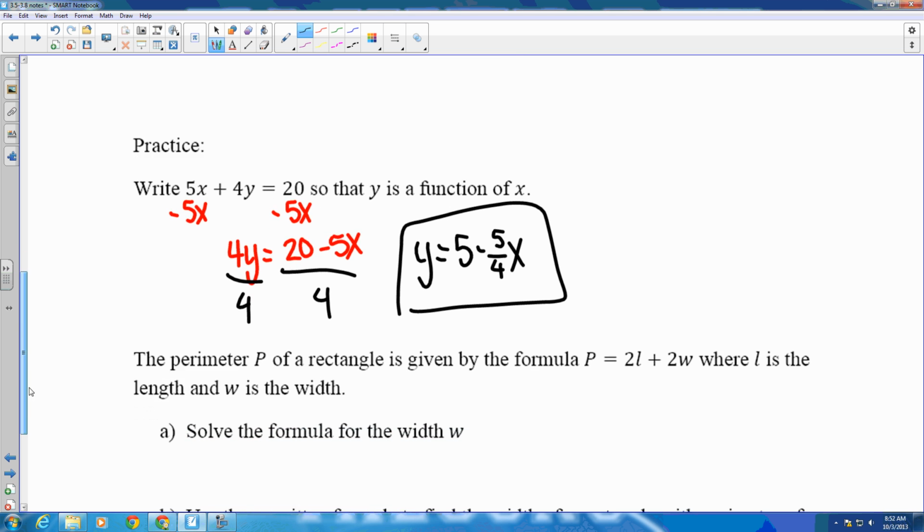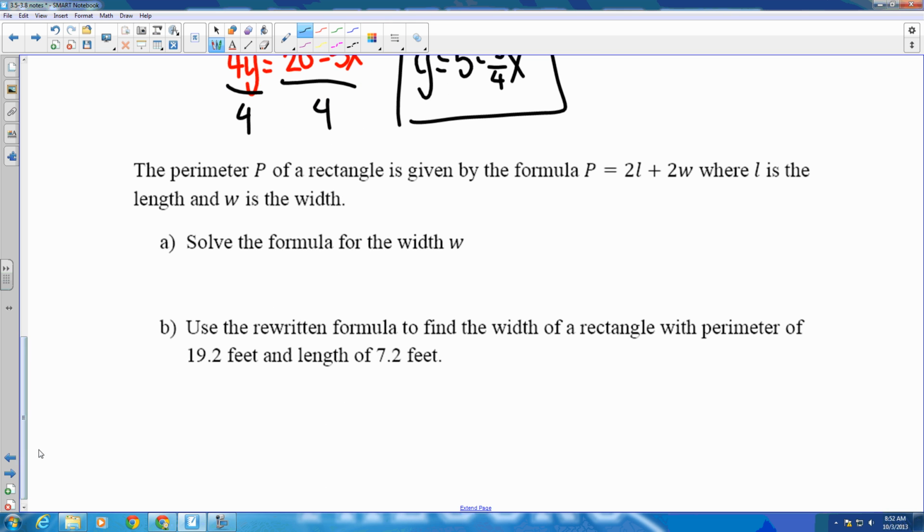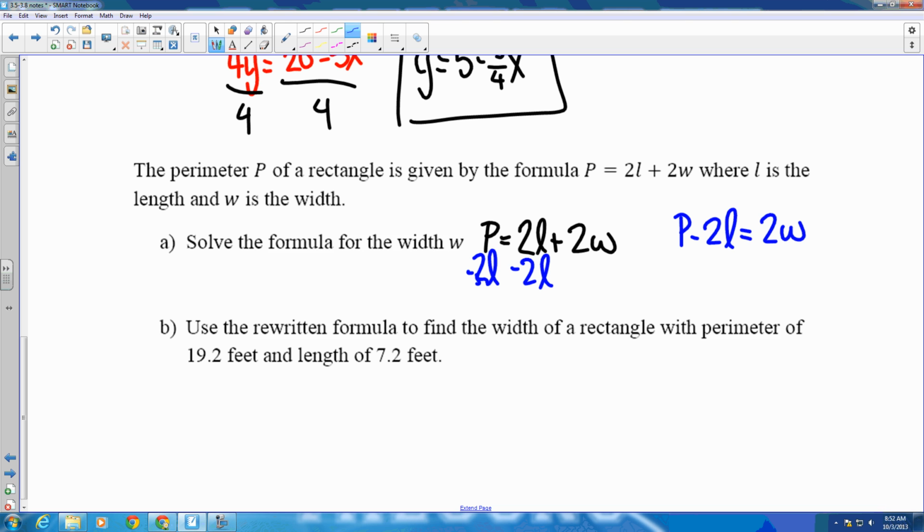Now we have perimeter given by 2 length plus 2 width, where L is length and W is width. Solve it for W. So I'll set this up for you, 2L plus 2W. We need to subtract the length term from both sides. So P minus 2 times the length equals 2 times the width.